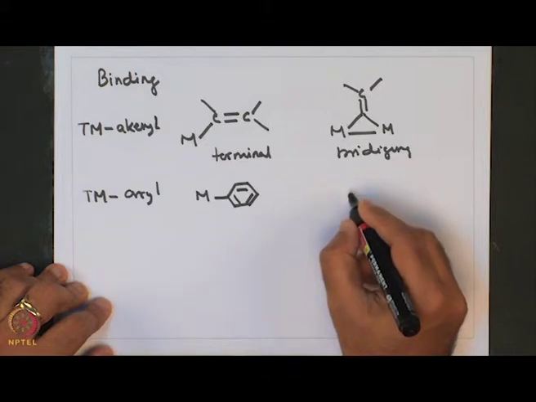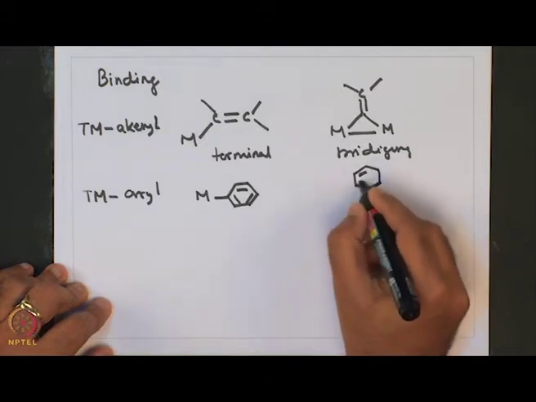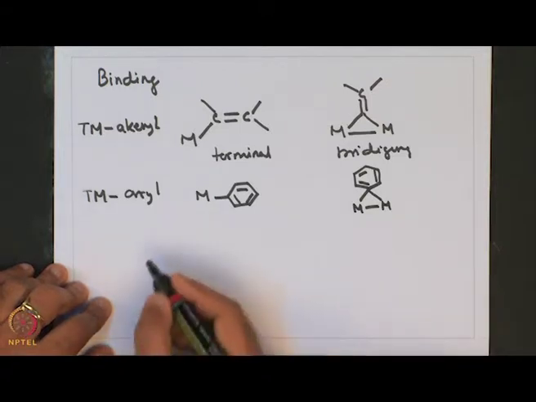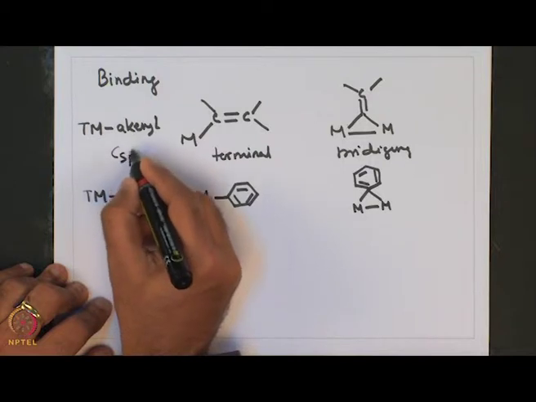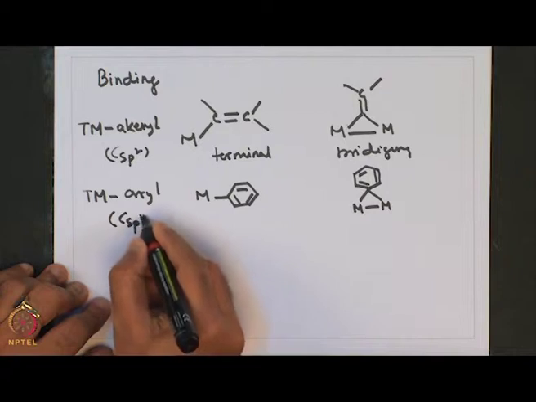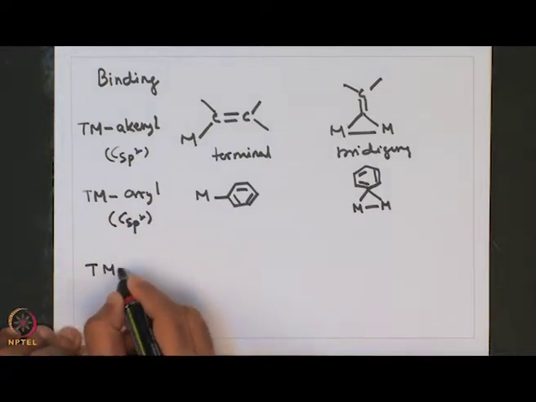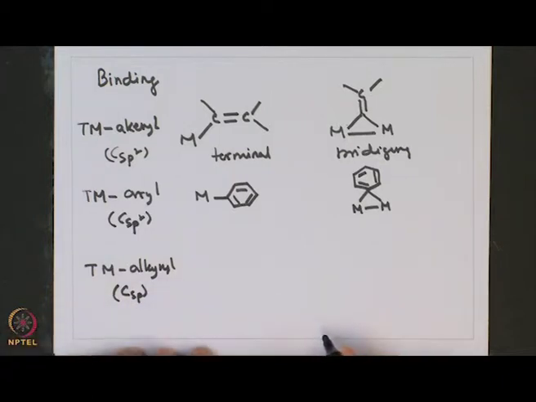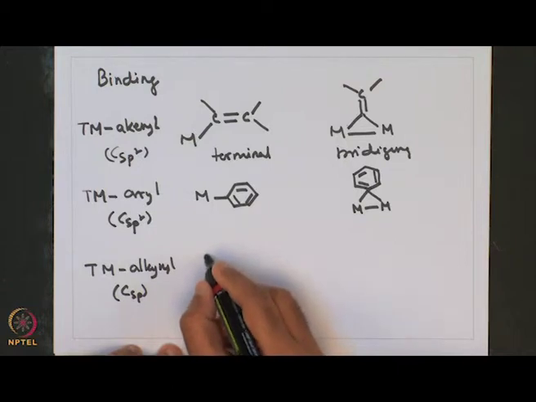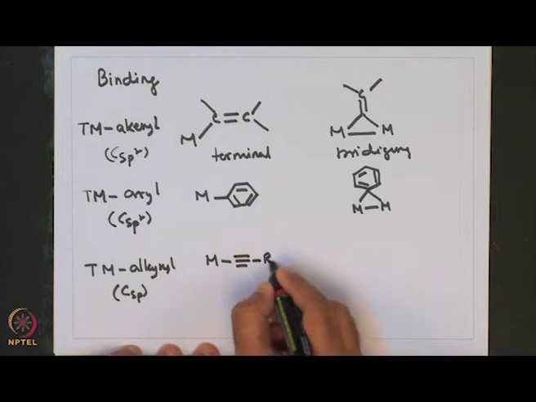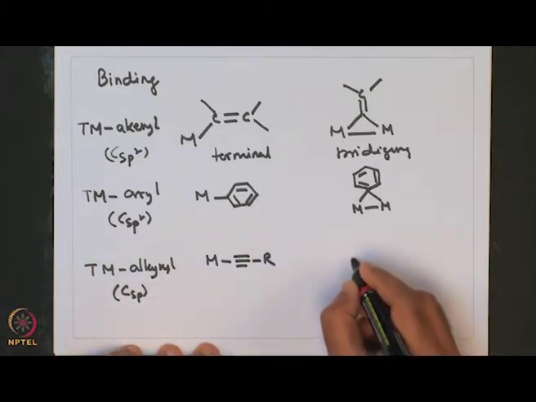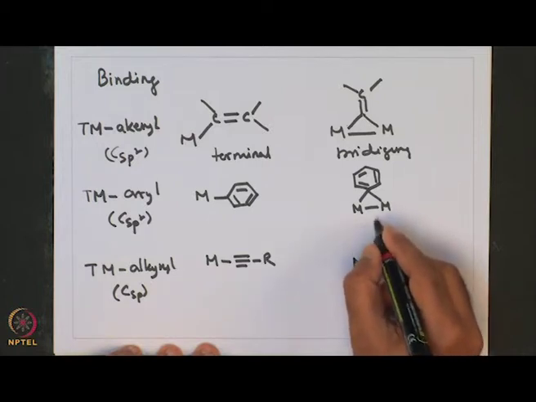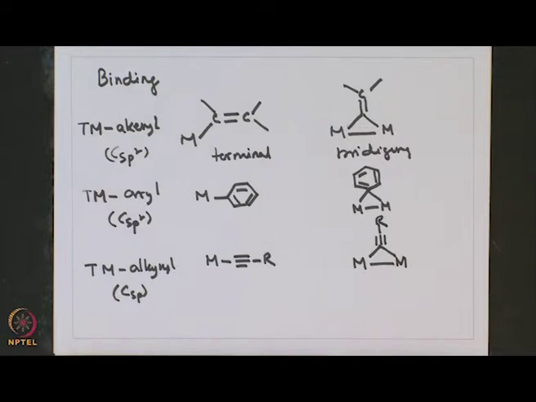The terminal is shown over here and the bridging can be of this type, and lastly, so this is Csp2, this one also is a Csp2 type, and lastly for transition metal alkynyl, which is Csp, it can be as well terminal as well as bridging, the way as shown over here.